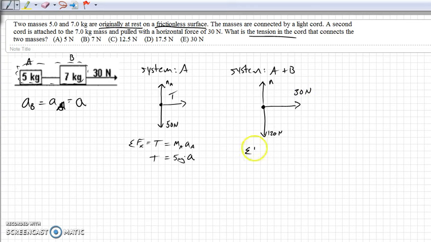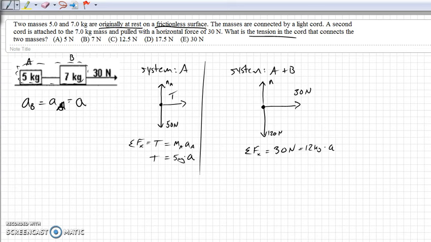So if I think about the x forces in this system, system A plus B, then what I get is 30 newtons. That's it. And this is equal to the mass of system AB times the acceleration. Now, the acceleration is shared, and the mass of A and B together is 5 kilograms plus 7 kilograms, or 12 kilograms. So 30 newtons equals 12 kilograms times the acceleration of the system.